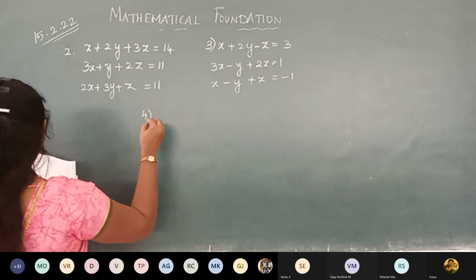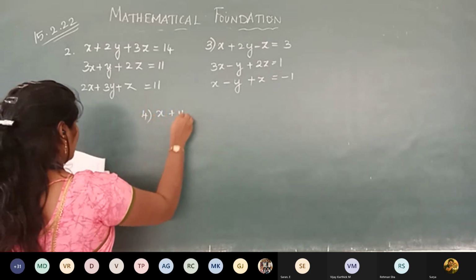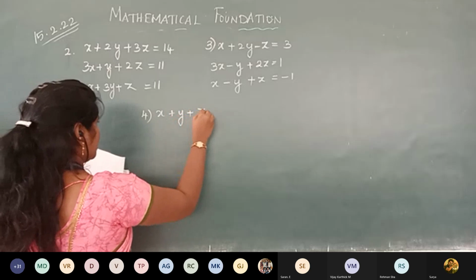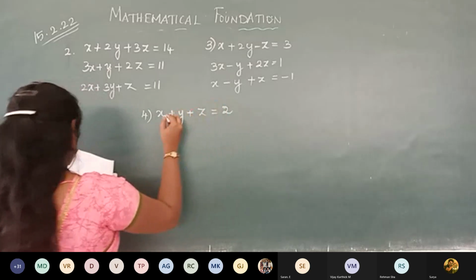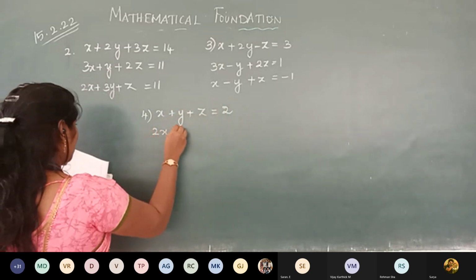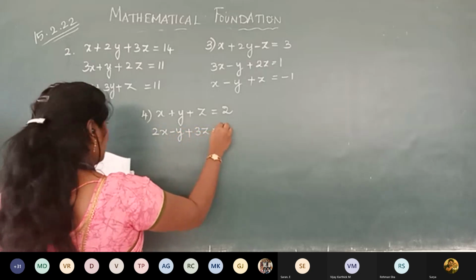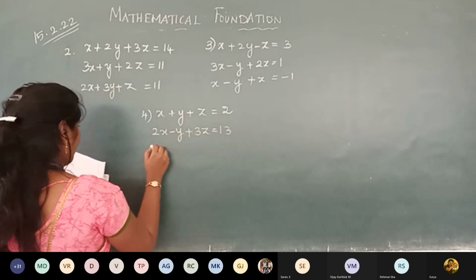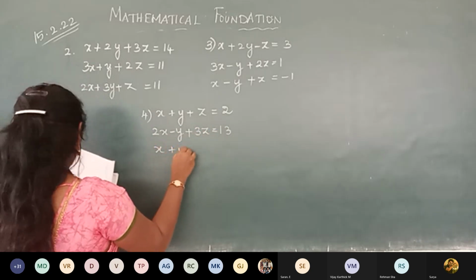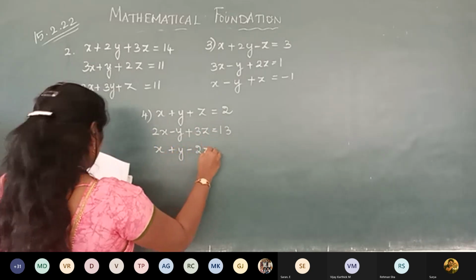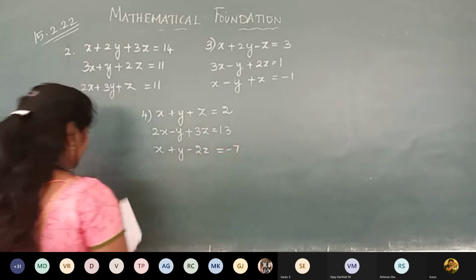Another problem. x plus y plus z is equal to 2. 2x minus y plus 3z is equal to 13. x plus y minus 2z is equal to minus 7.